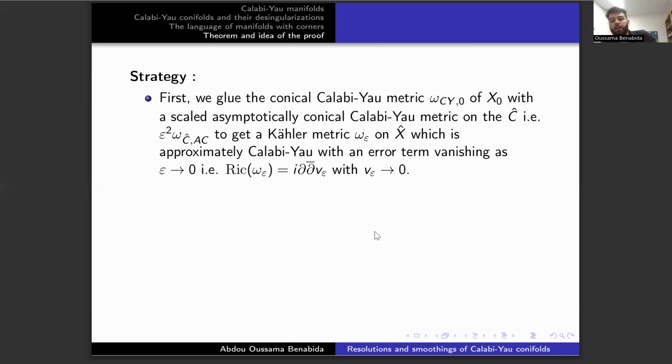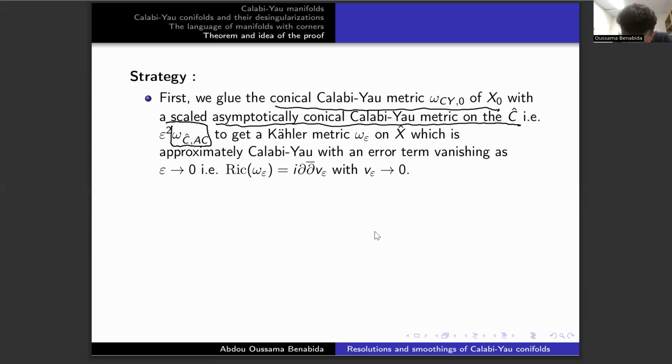And now the idea for proving our results is that we start with the conical Calabi-Yau metric of x0, and we start with the asymptotically conical Calabi-Yau metric on C hat, the resolution of the cone, which we call omega C hat AC for asymptotically conical, and we glue them together.